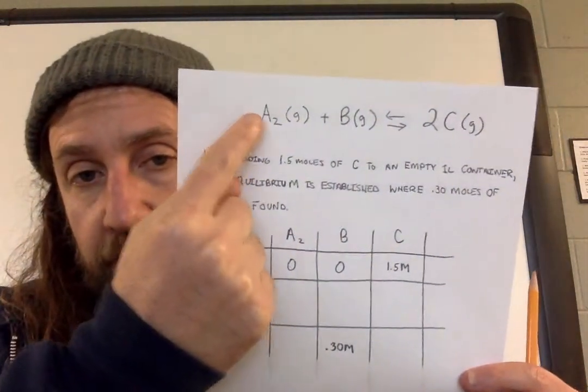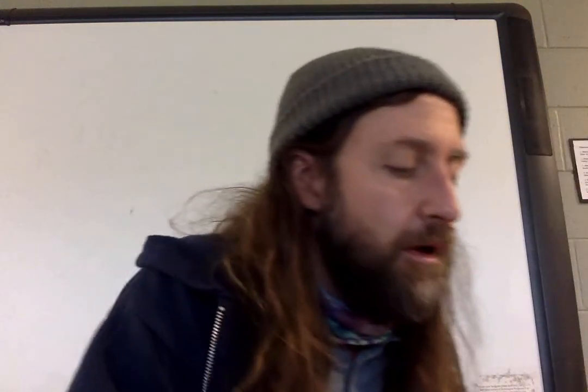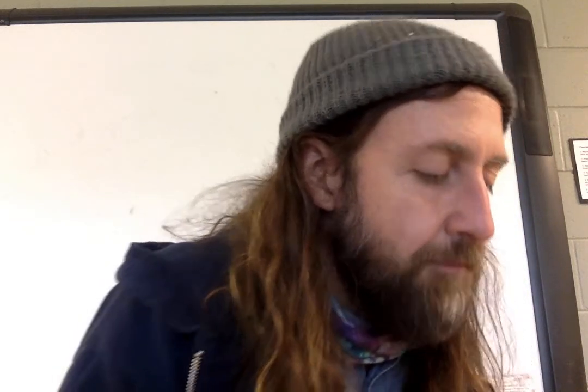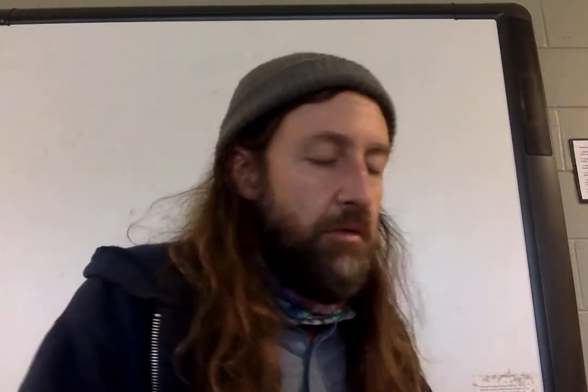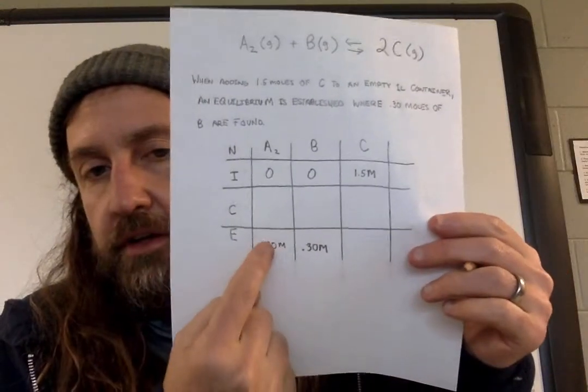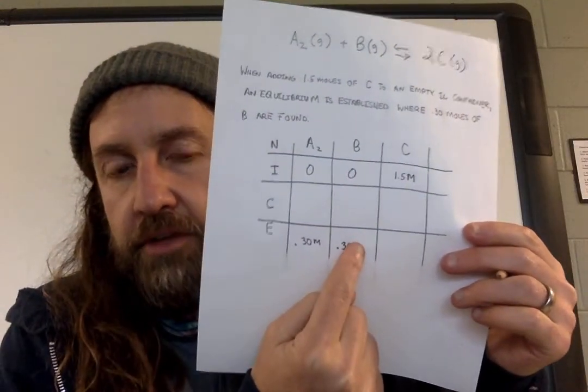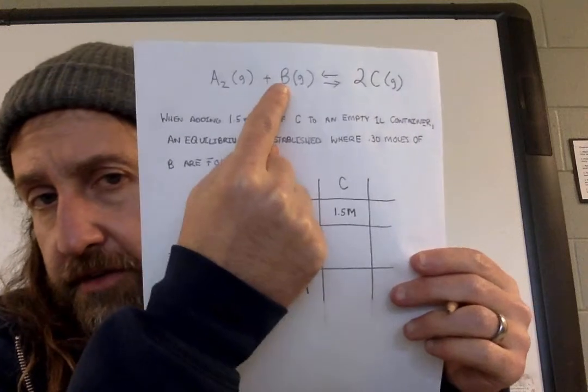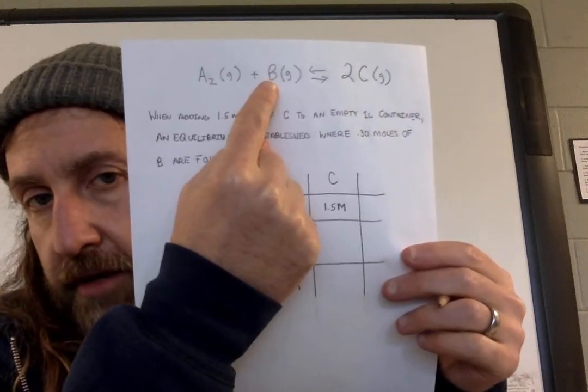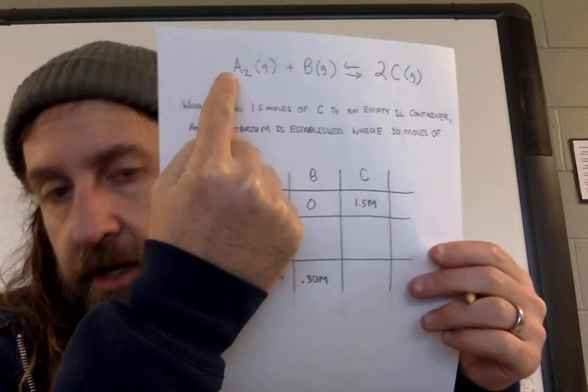It's just the coefficient. So they have the same coefficient. So I know that A is going to be 0.30 molar. Okay, so that's the first thing I can fill in, is that I know that A and B are going to be the same.